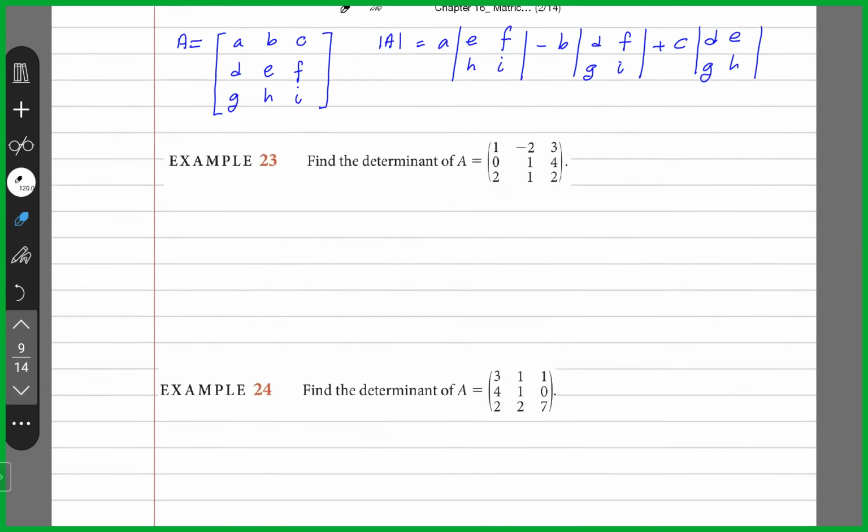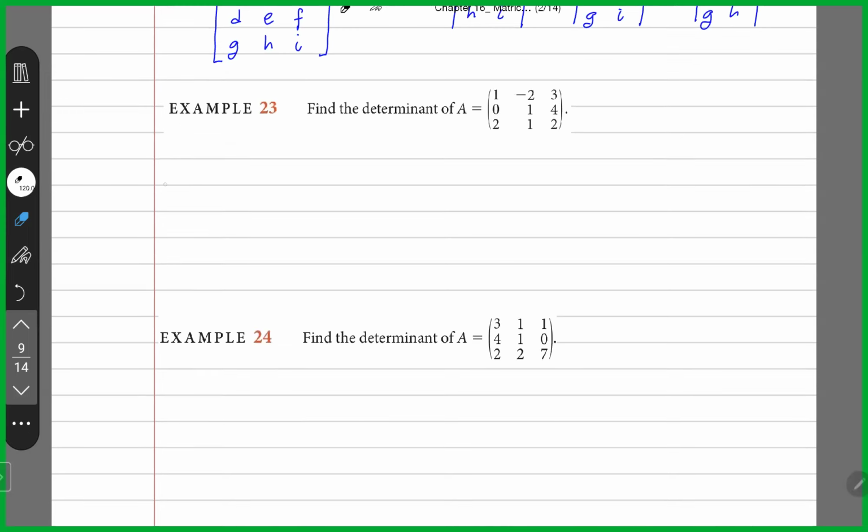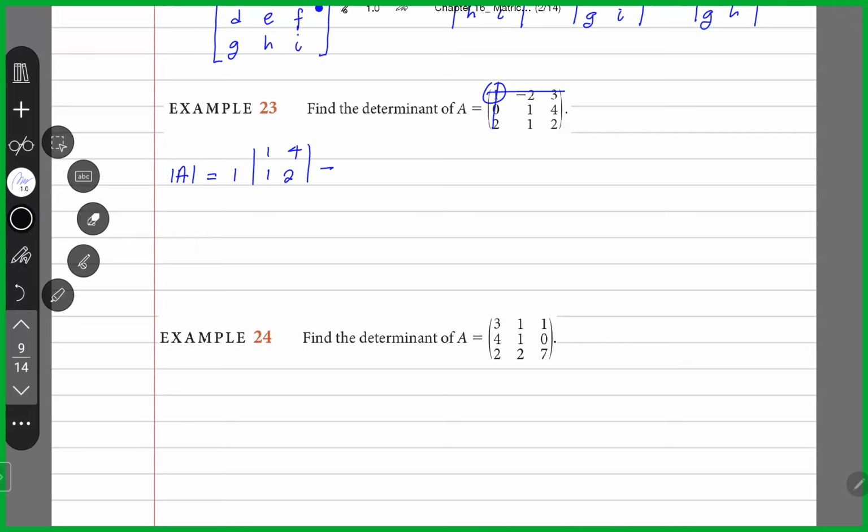Example 23. The determinant of A is going to be equal to 1. So you block these elements, you took the 1 and you block the rest of the elements, multiplied by the determinant of 1, 4, 1, 2, minus. That minus is part of the formula. So it's minus 2, which is the second element in the top row.